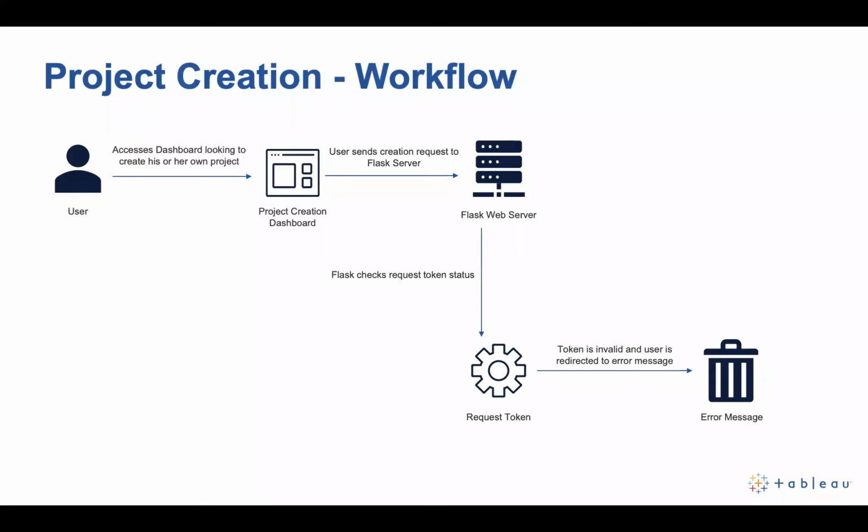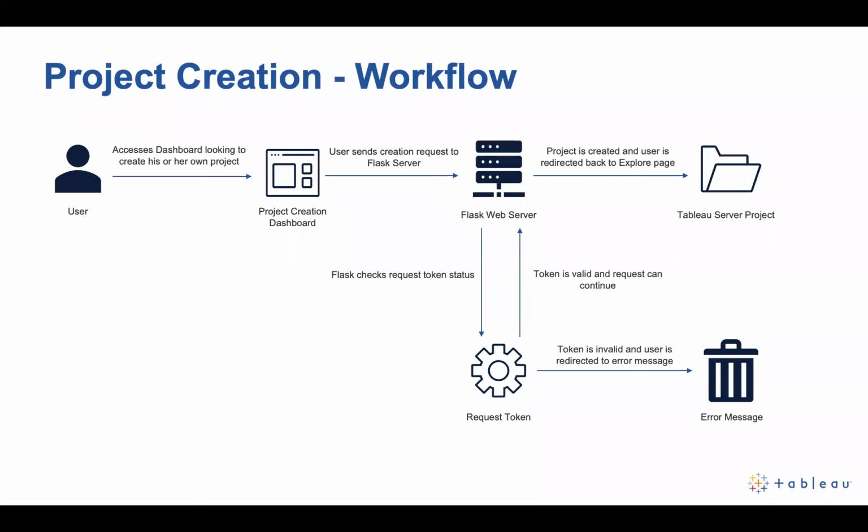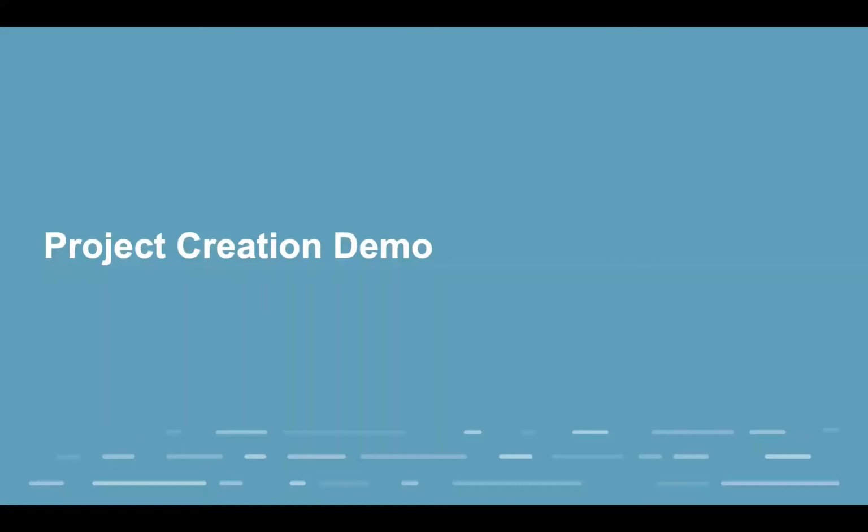If the token is invalid, the user is redirected to an error message: hey, something's wrong with your request, you don't have a correct token, we can't create this project. Or the token is valid and the request can continue. So the project is created and the user is redirected back to the Explore page with their new Tableau server project created.